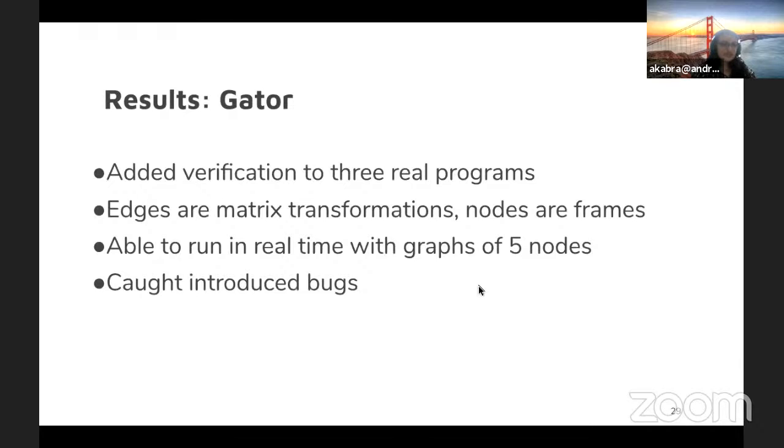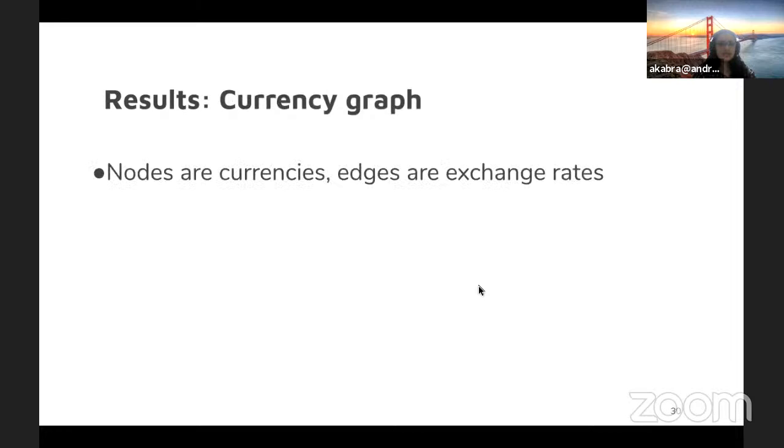In our programs, functions were matrices and nodes were reference frames in a graphics program. And the algorithm was able to run in real time, and it caught the bugs we had intentionally introduced.